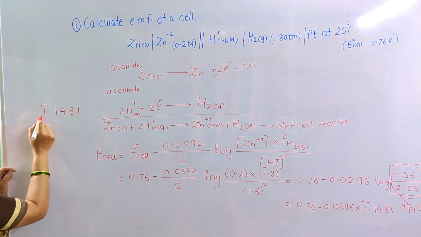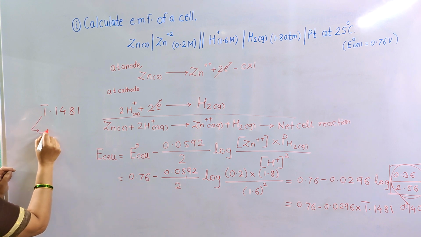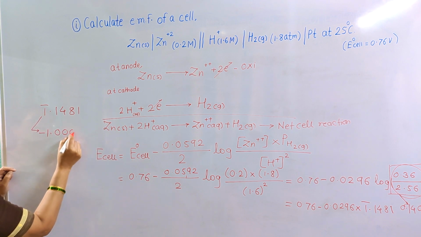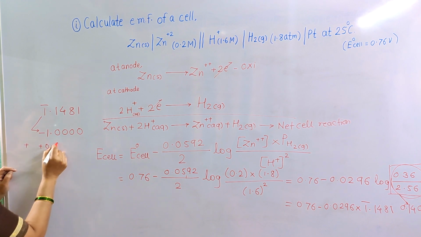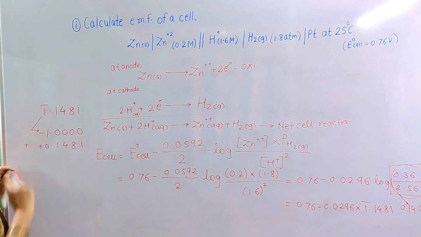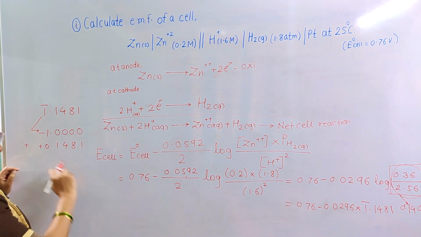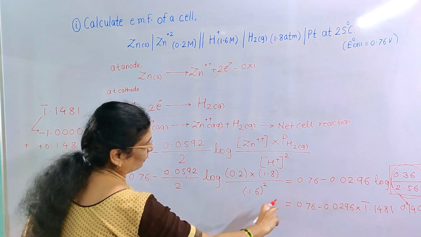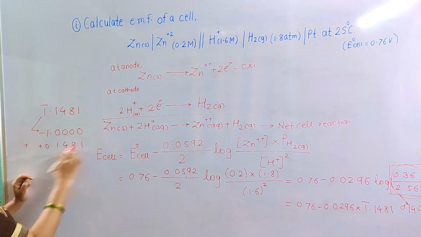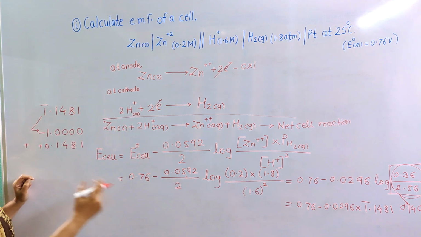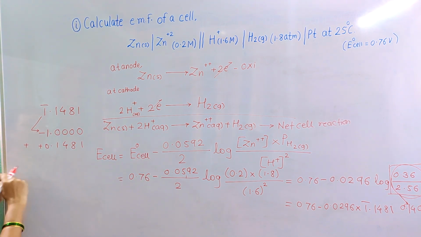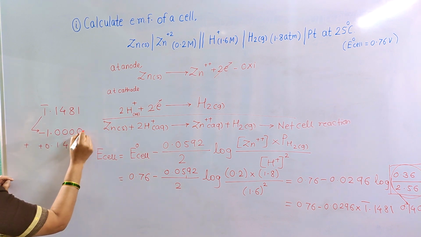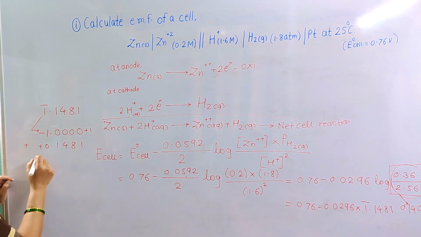So this number can be written as minus 1.000 plus 0.1481. You cannot take this value as wholly negative if only the characteristic is negative, and therefore first you have to convert this value into a negative number. How can you convert this into a negative number? What you have to do here is add plus 1 to the characteristic and minus 1 to the mantissa.